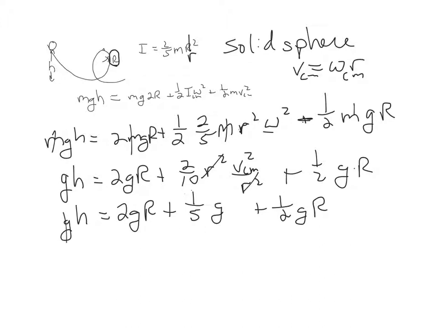G, gone. What did I forget? I didn't write. What did I write here? Big R. Okay. So everybody okay? See what I missed? Yeah. All right.